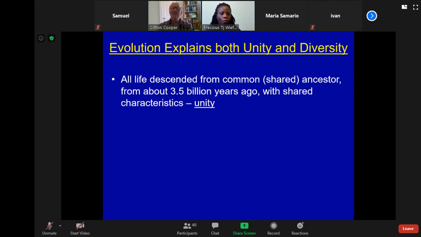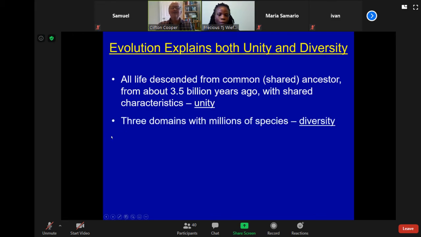So within about the first billion, we think that the earliest life forms developed. And one of those became the ancestor of everything that's around now. So it diversified over time, producing these domains with millions of different species and trillions of individuals in them.